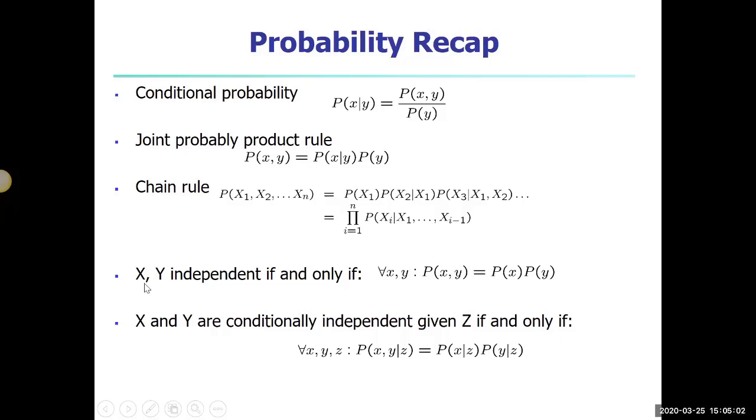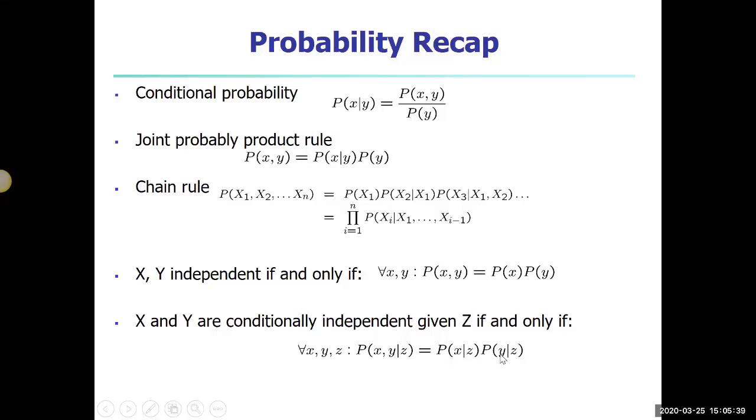We also know that if x and y are independent, then their joint probability has to be the product of their marginal probabilities. There's nothing to do, x has nothing to do with y. Then the probability of them co-occurring is the probability of them occurring individually at the same time. If x and y are conditionally independent given z, then their joint probability given z has to be the product of their separate probabilities given z.